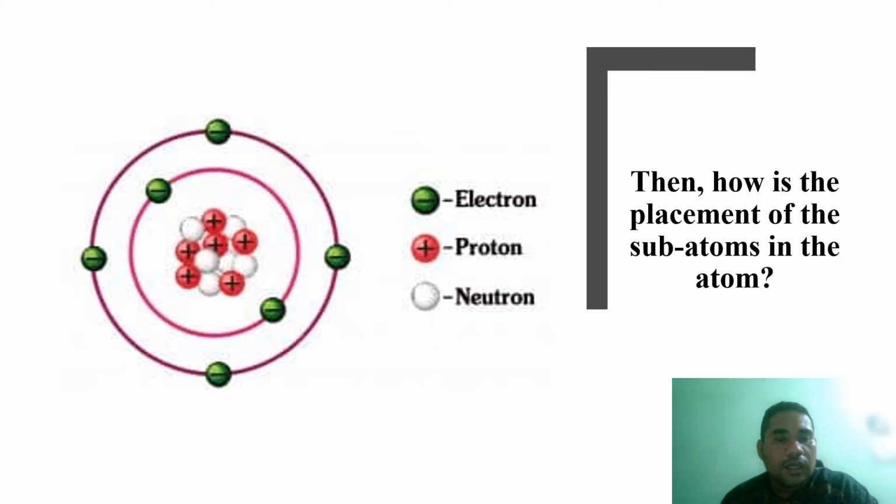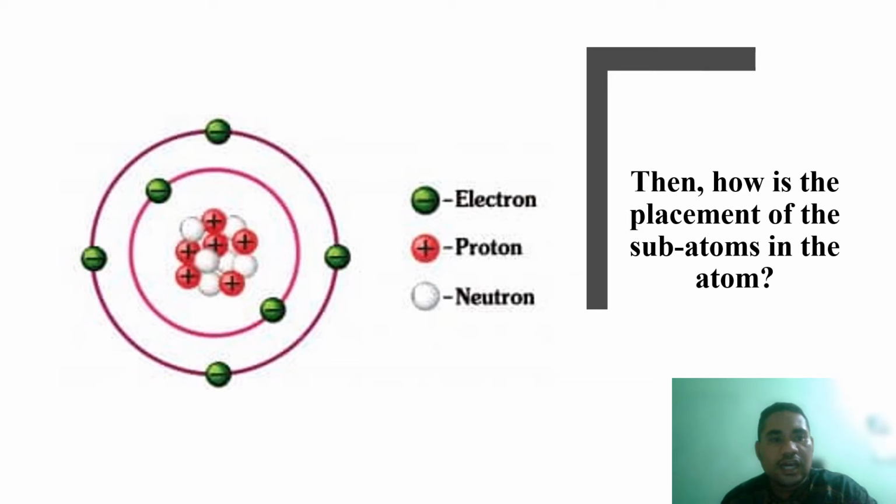In Bohr's theory, the atom consists of a positively charged atomic core. In this core are located protons and neutrons, then negatively charged electrons surround the atomic core at a certain path. The path is called an atomic shell.